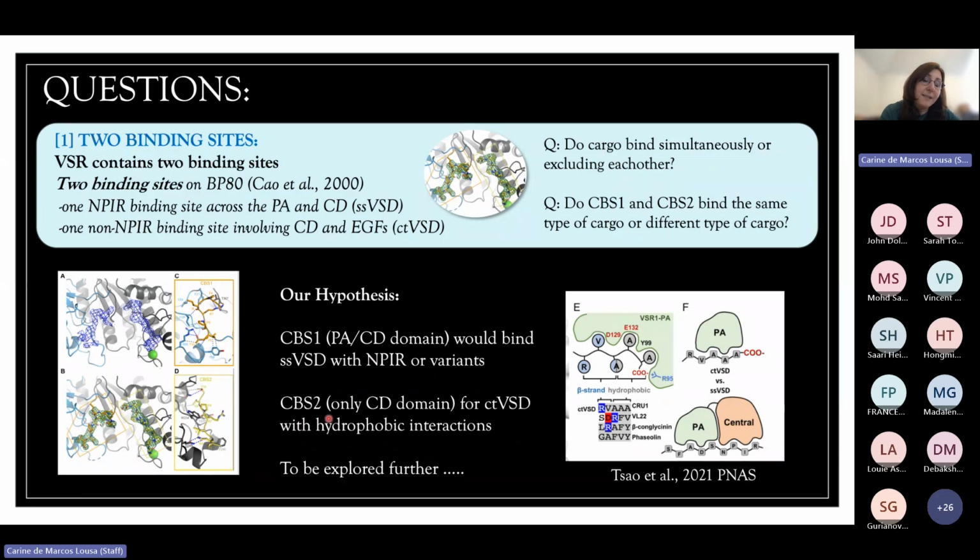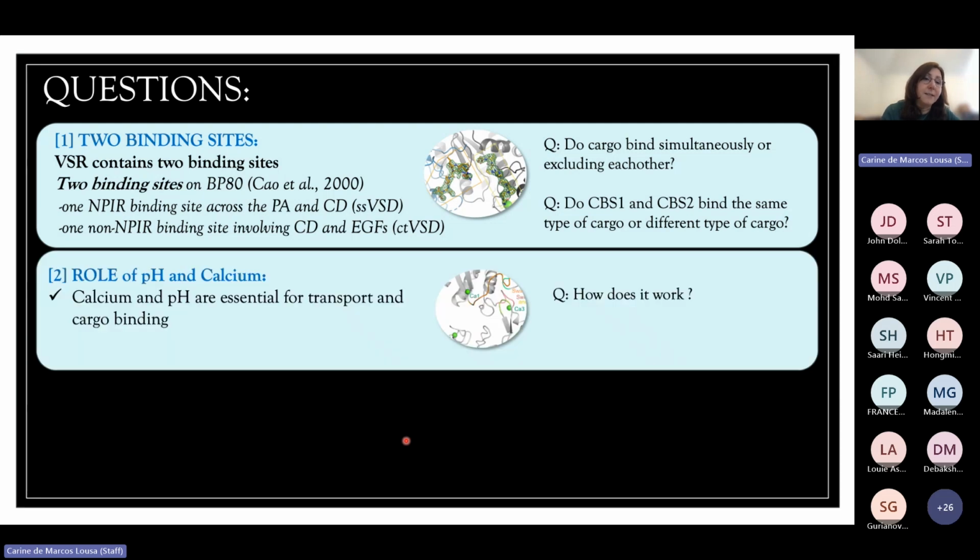And the cargo binding site 2 that only binds in the CD domain would be binding for the C-terminal vacuolar sorting determinants that are mostly relying on hydrophobic interactions. So at the moment, we are trying to explore a little bit more if we are correct or not by specific mutations in these 2 cargo binding sites.